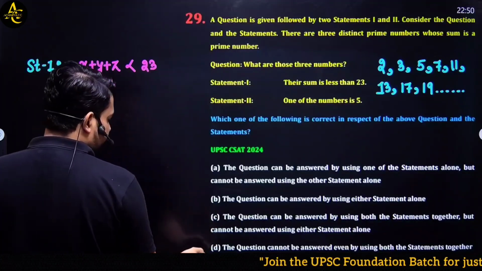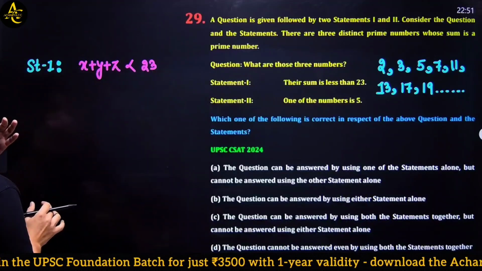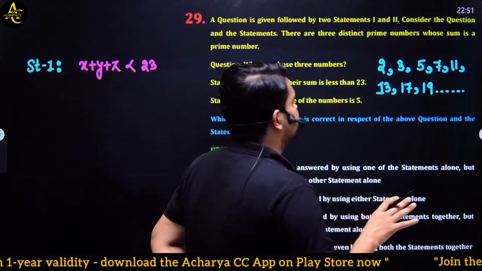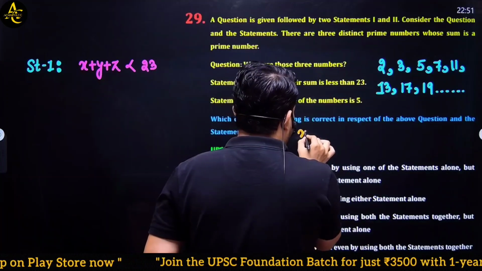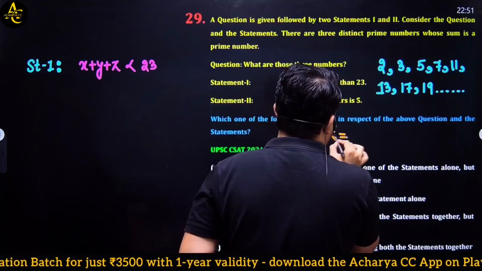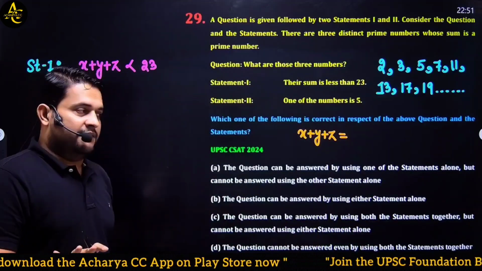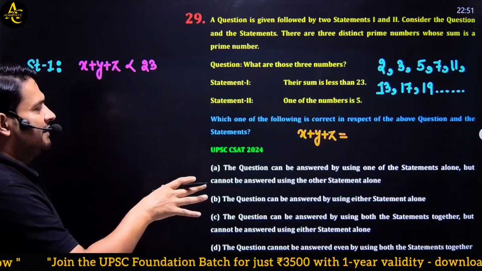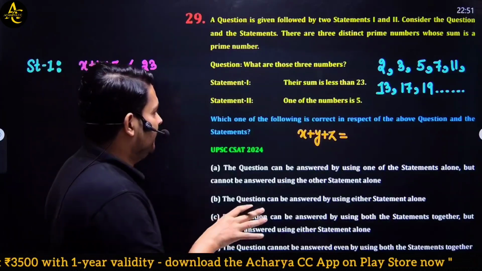If I take this statement, the smallest value of x, y, and z, the smallest value of x plus y plus z, which is a prime number, the sum should be a prime number, but I will write the exact smallest value of x plus y plus z.